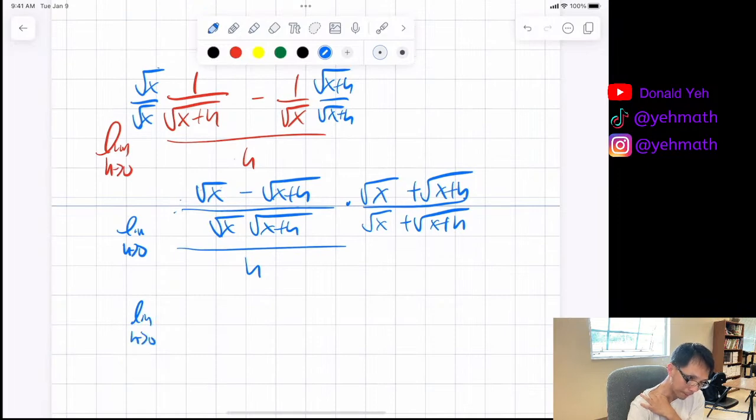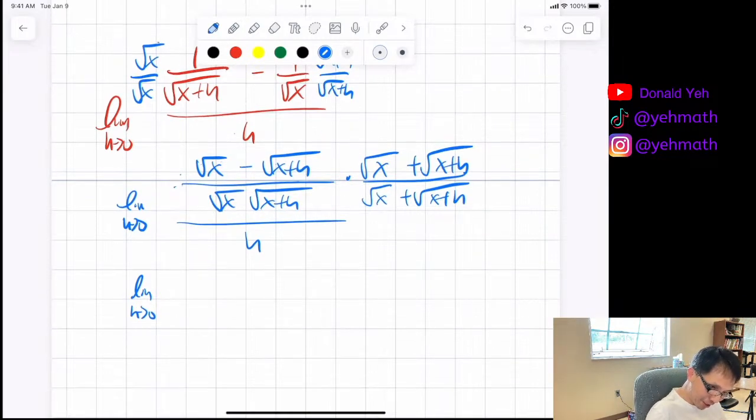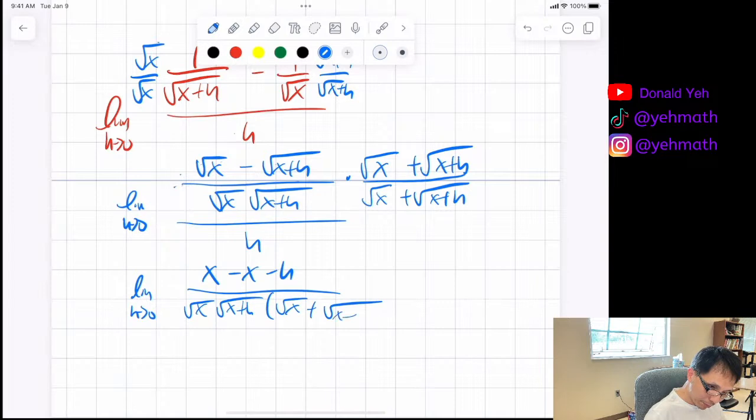Cool. Thank you for helping. And Kylie's gonna try to find mistakes. I need to look over my answer. All right, so here it's gonna be x minus x plus h over square root x plus h times square root x plus h, over h.